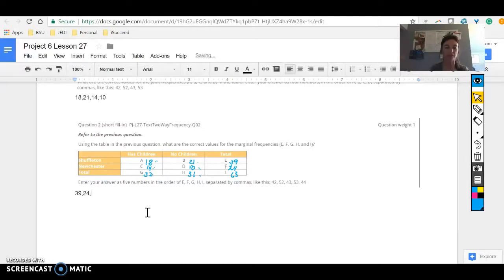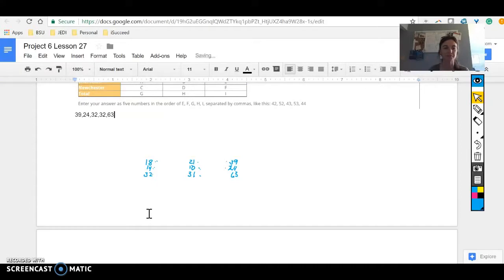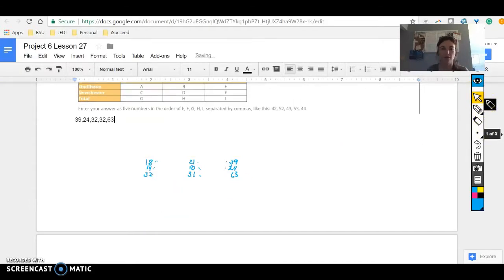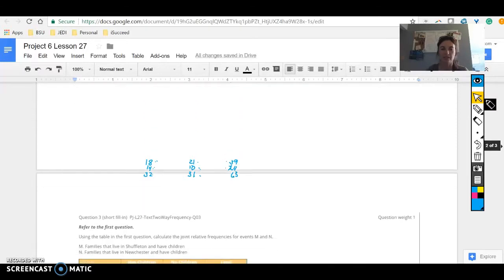To get 32 and 31, we're adding up the columns. And then to get 63, we're adding up both the bottom columns and the third row. So each direction, it adds up to 63, which is a good thing, because if it didn't, we would be incorrect here. Okay, so those are the marginal frequencies.